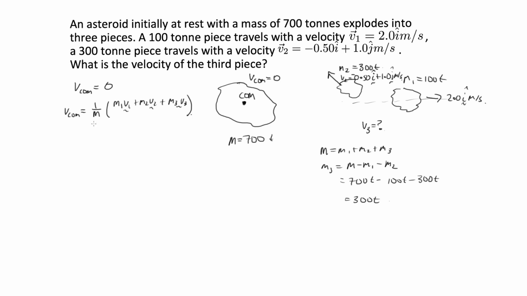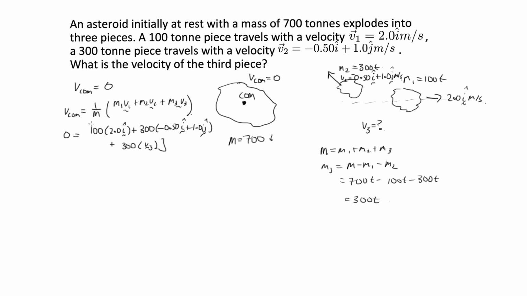So I can say that 0 is equal to m1, which is 100, times v1, which is 2i, plus m2, which is 300, times v2, which is minus 0.50i plus 1j, plus m3, which is 300 tons, times v3.